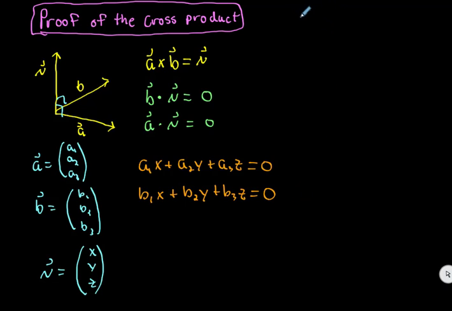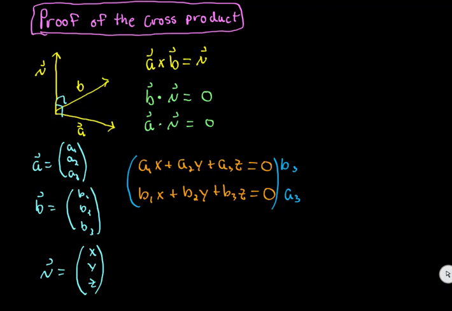And now what we can do is eliminate the z variable. I can eliminate the z variable by multiplying this equation by B3 and this equation by A3. And then what do I get?